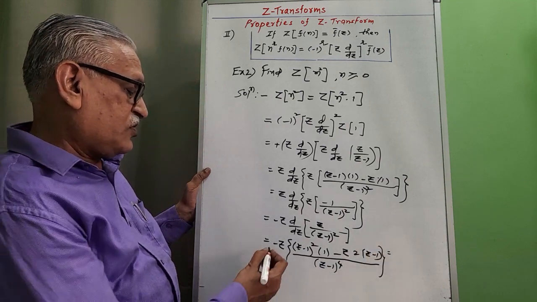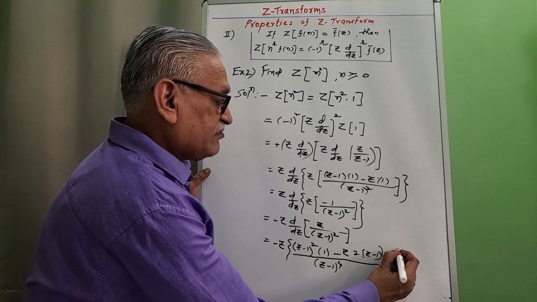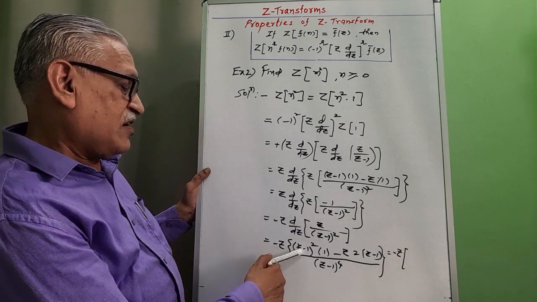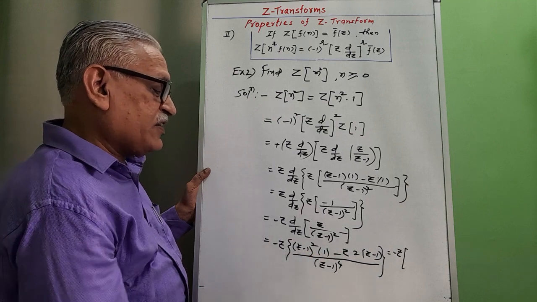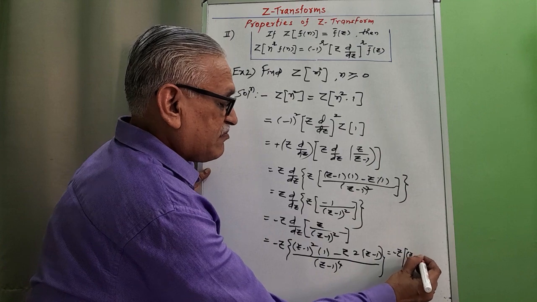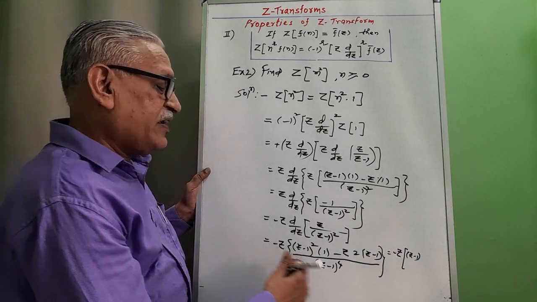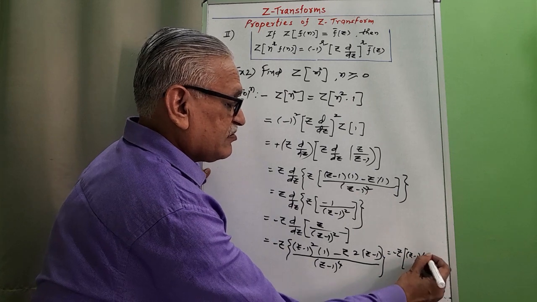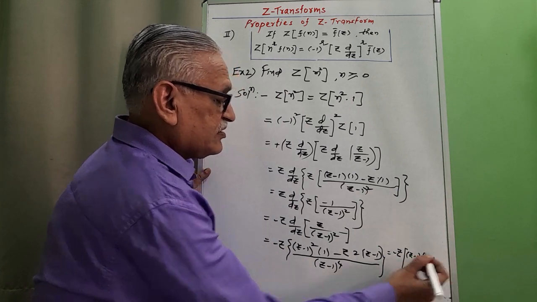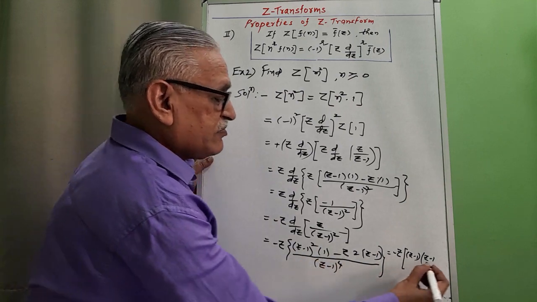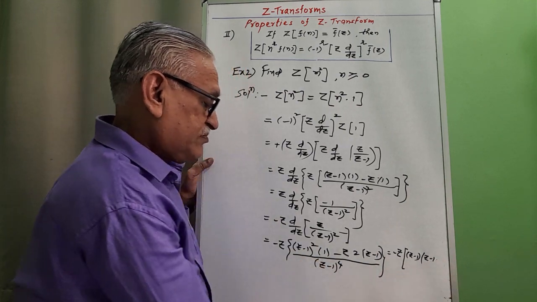It is equal to minus z, from these two terms I can take z minus 1 common. Remaining is here z minus 1 and here it is minus 2z.